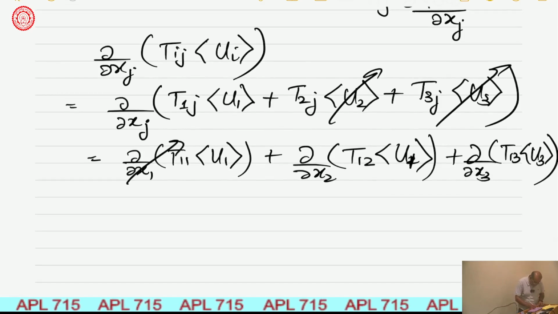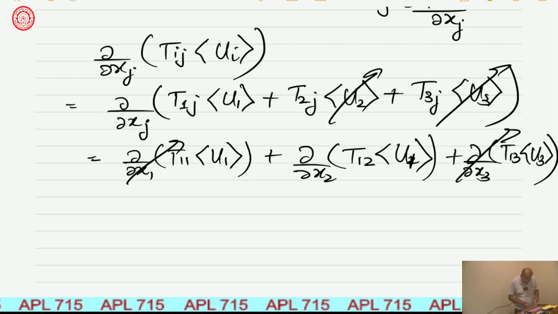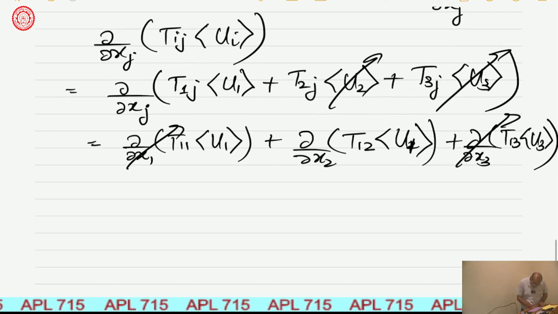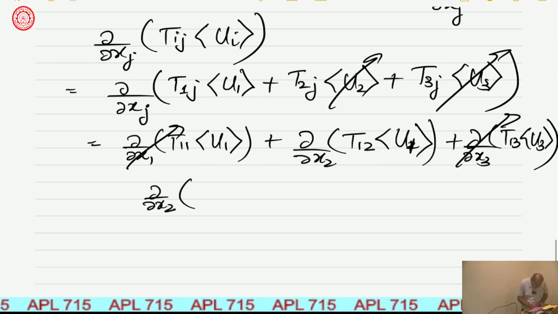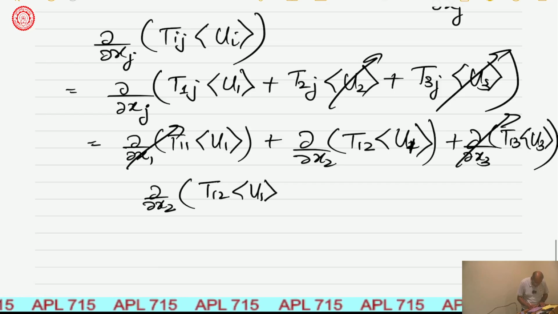And the terms d by dx1 and d by dx3 are 0. So this just becomes equal to d by dx2 of T12 mean of U1.